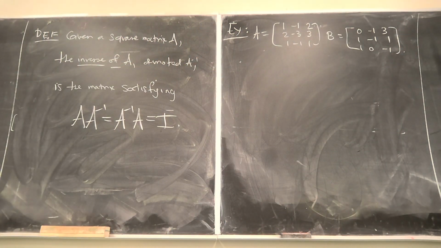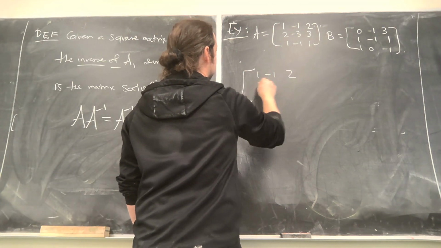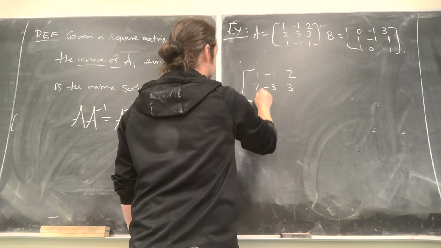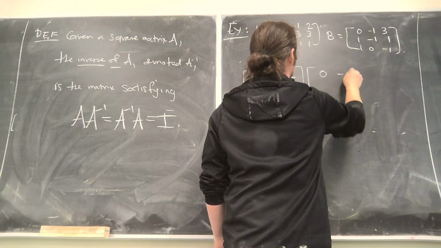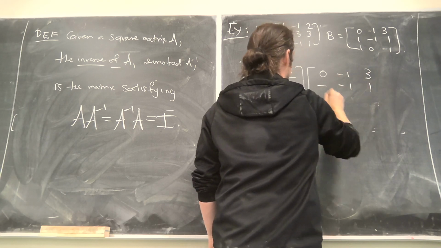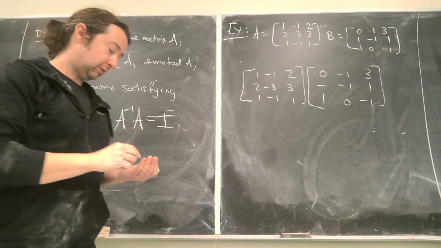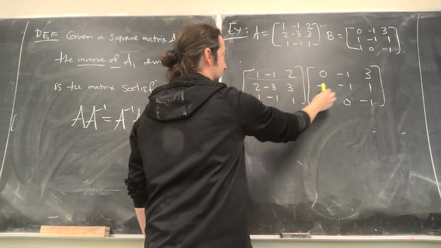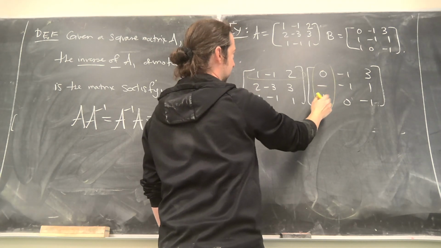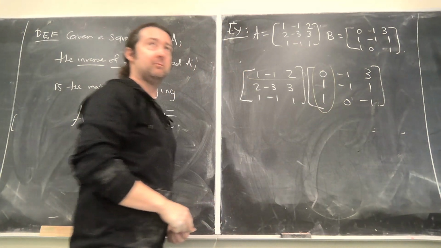It's going to turn out to be the case that if you go through the hassle of multiplying these things, so if you actually calculate A times this, remember that you're going to calculate this product by taking the rows of the first matrix and multiplying them by the columns of the second.